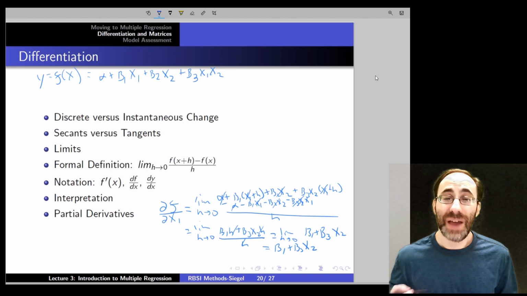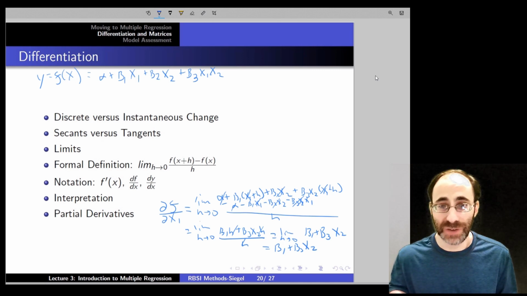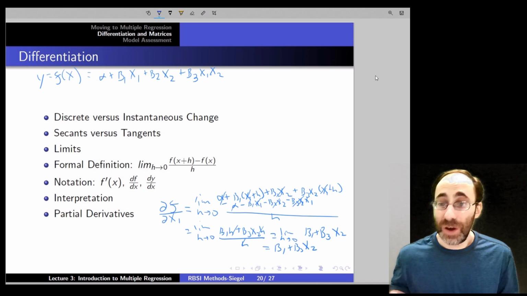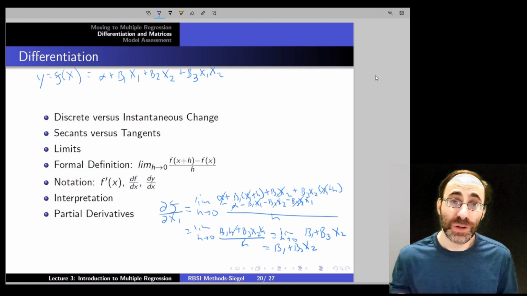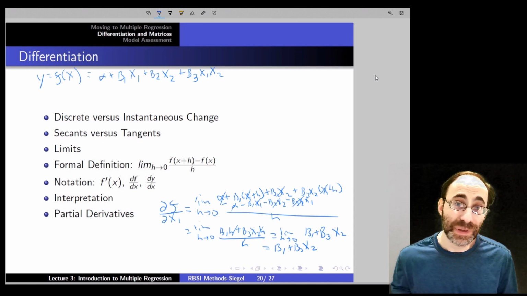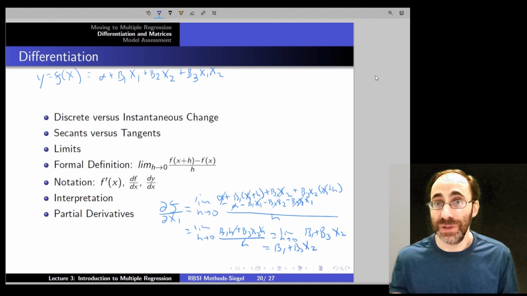to give you a sense of how even a 25-minute basic understanding of differentiation can help you understand how we interpret all these multiple regression coefficients and how we can do more complicated regressions without losing track of what we're doing.